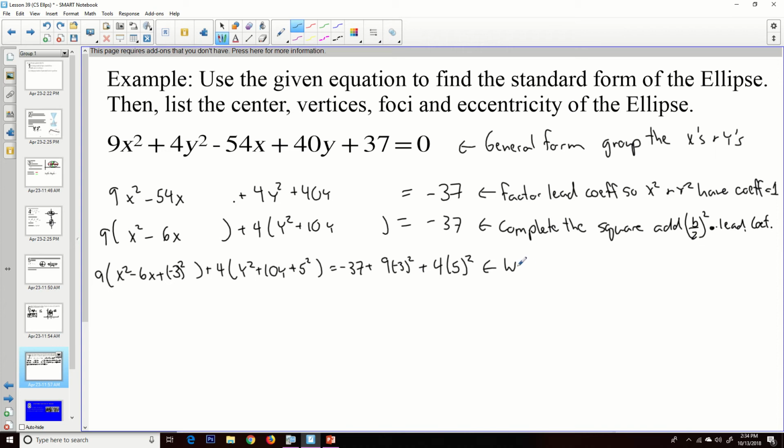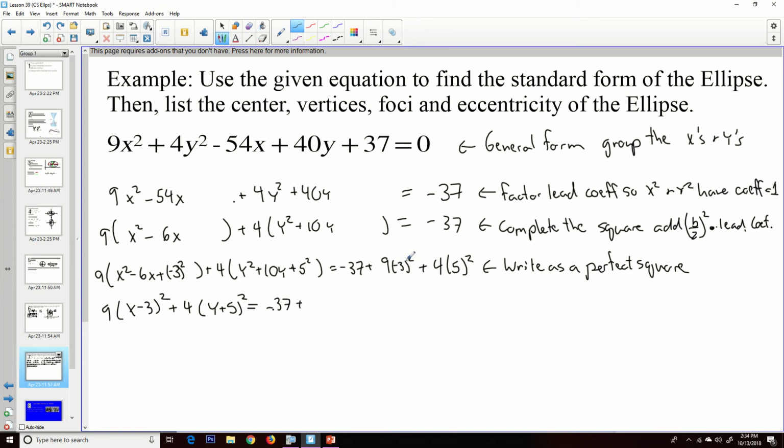And so I'm going to write it as a perfect square. So I've got 9 times x minus 3 quantity squared plus 4 times y plus 5 quantity squared equal to, okay, negative 37.